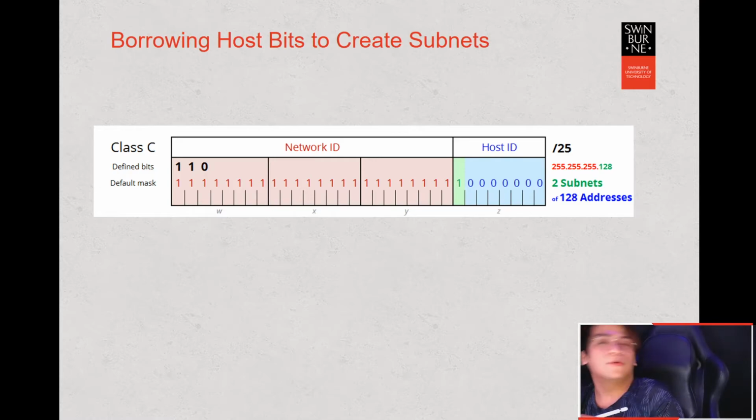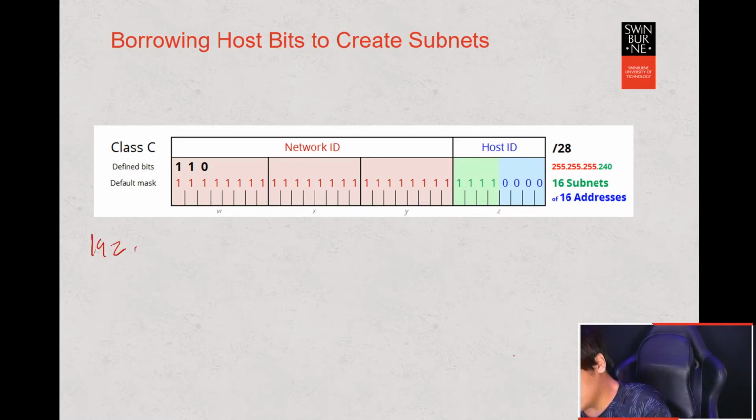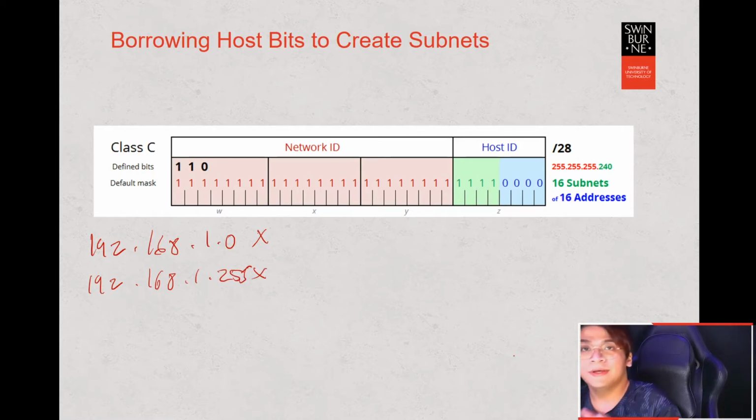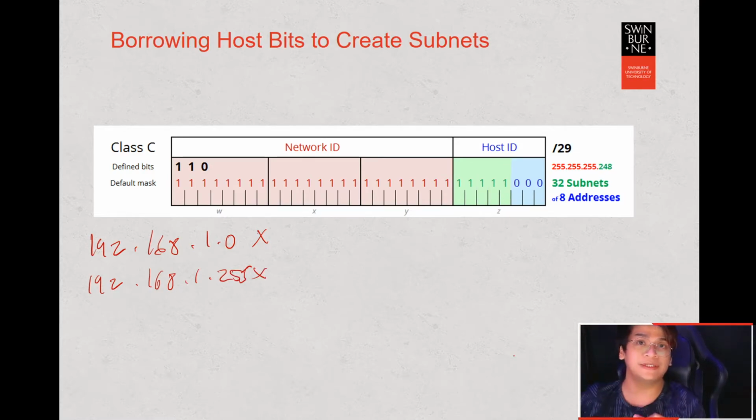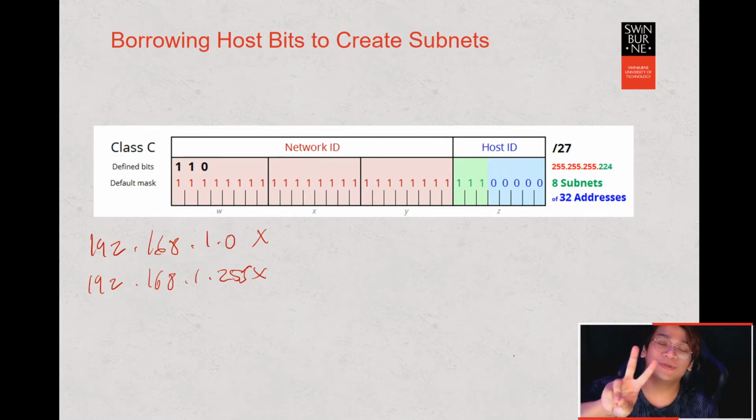When you have one subnet, 192.168.1.0, you cannot use this address, and also you cannot use 192.168.1.255, because that is your broadcast address. You already lose 2 host addresses.